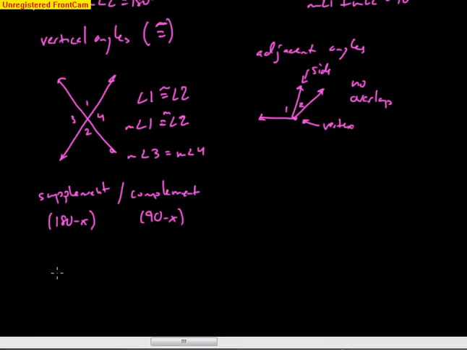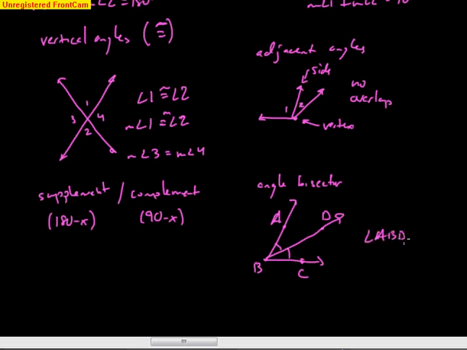And then lastly, let's talk about an angle bisector. So if I have an angle here, so this is angle ABC. An angle bisector is a ray going right through the middle. And if it bisects, that means that these two smaller angles are congruent.